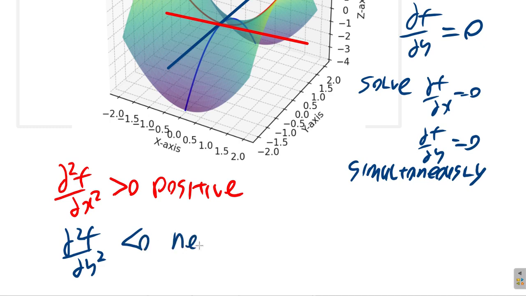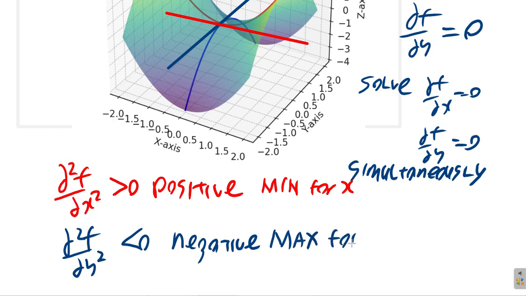So it is negative. Now the fact that you have a positive here means a minimum point for x. And the fact that you have a negative here, it means a maximum point for y, right?